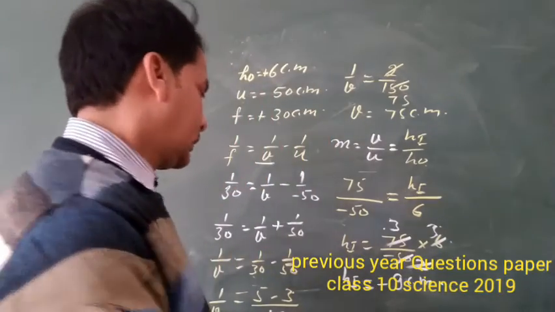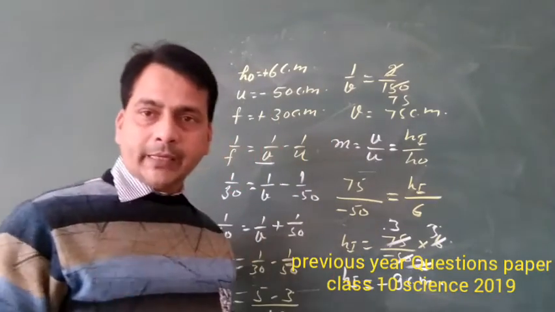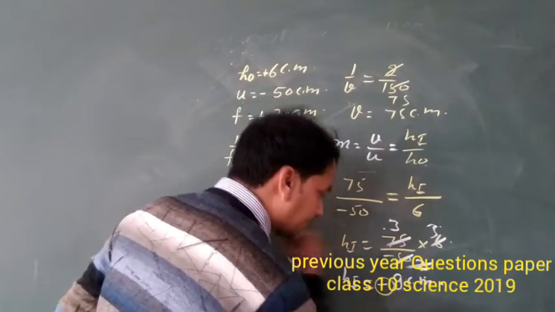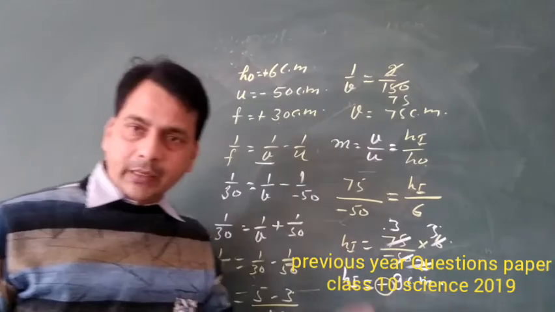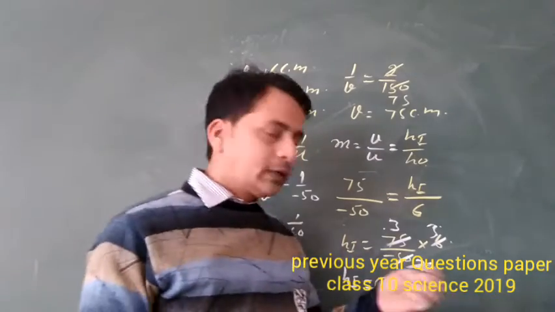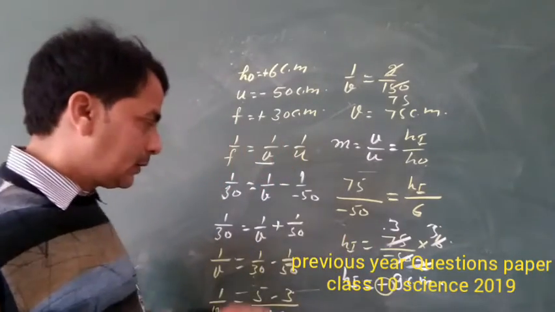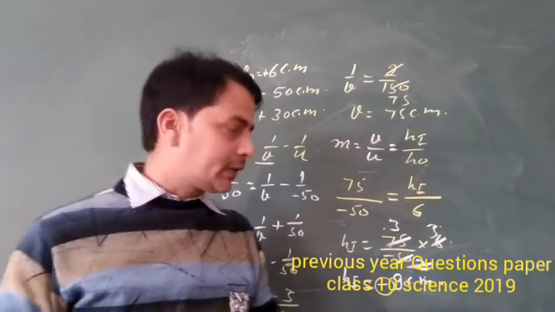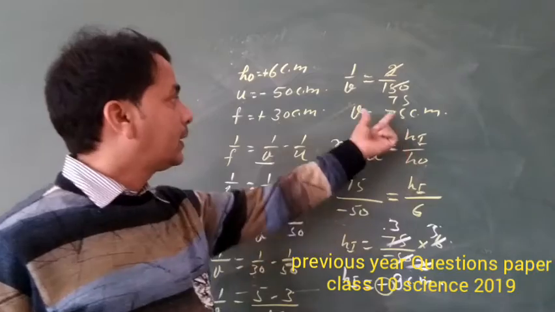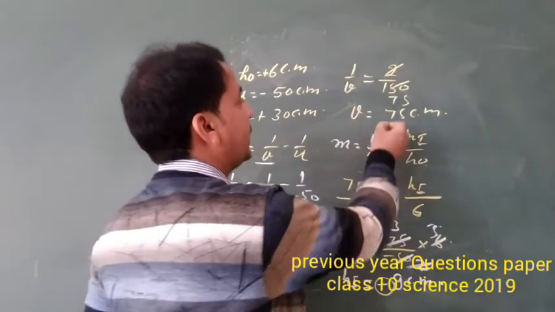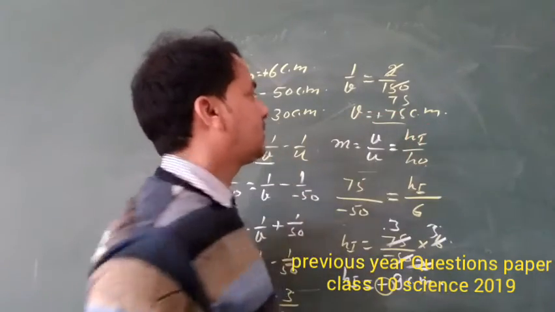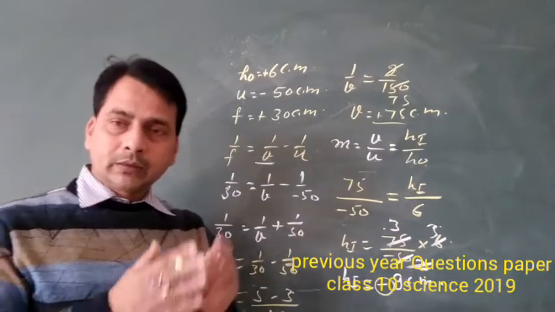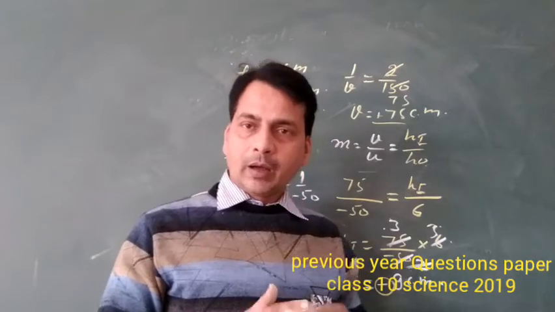So the size of the image is 9 centimeter, and the negative sign indicates that the image is below the principal axis, meaning the image is inverted. And v has a plus sign, 75 centimeter, so the image is formed on the same side as the object.